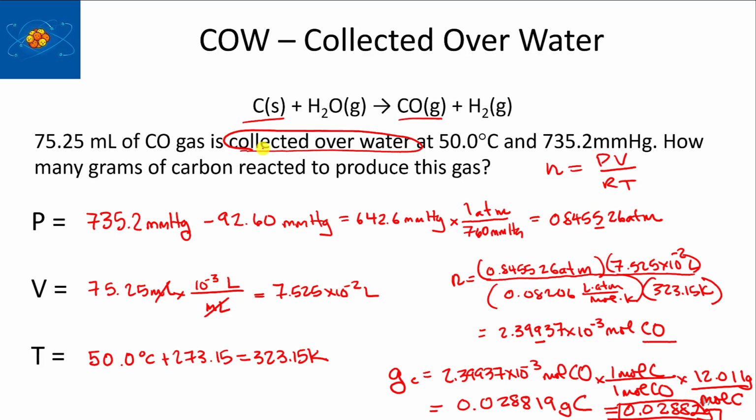And then after that, it's ideal gas law. Most of these calculations should be familiar. I know they're long, but they should be familiar. You should calculate the moles of a substance and then figure out where you go from there. Do you need the moles of that substance converted into grams of that substance, or do you need to use some stoichiometry to get it to be equated to another substance, in this case carbon, and then the mass of carbon?